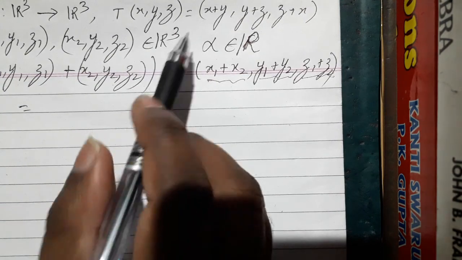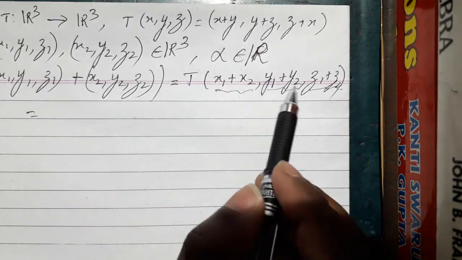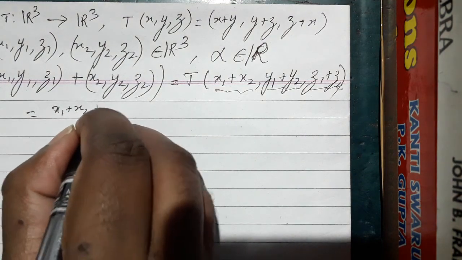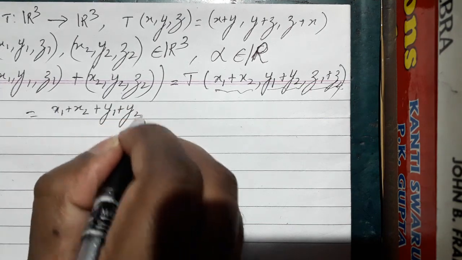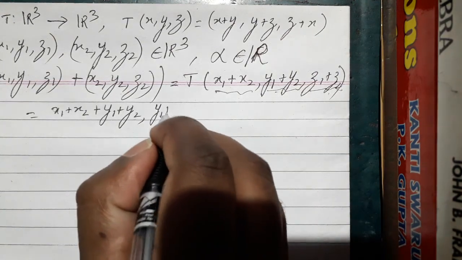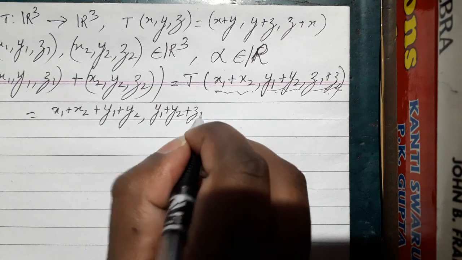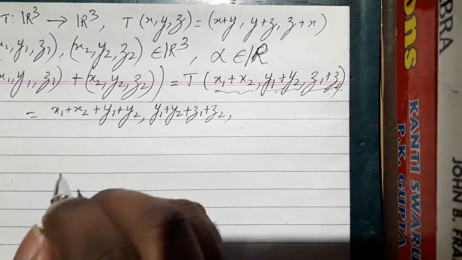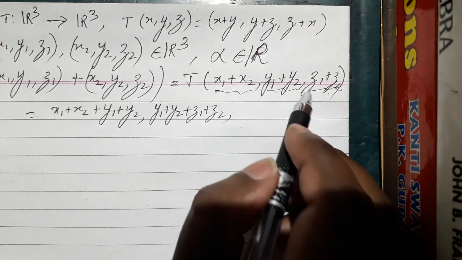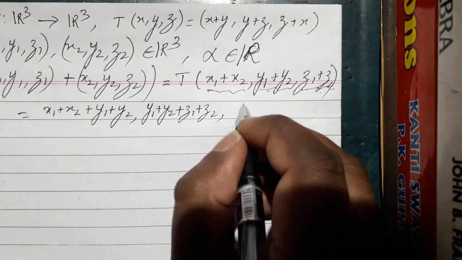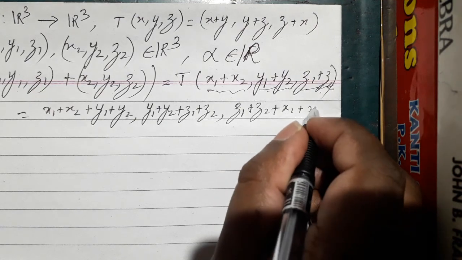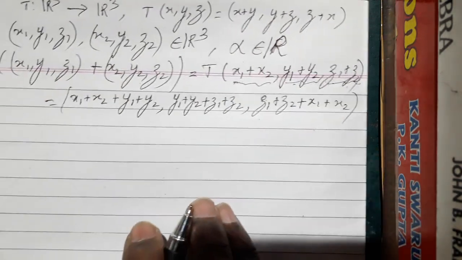By the definition, we get (x1 plus x2 plus y1 plus y2, y1 plus y2 plus z1 plus z2, z1 plus z2 plus x1 plus x2).